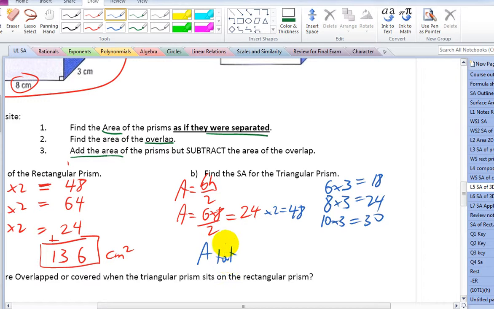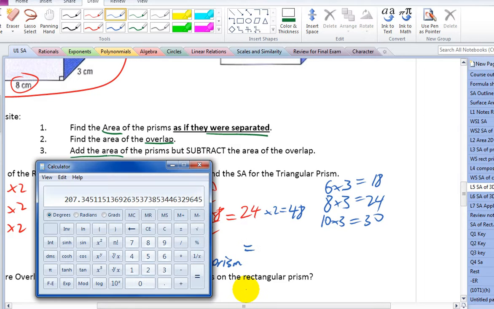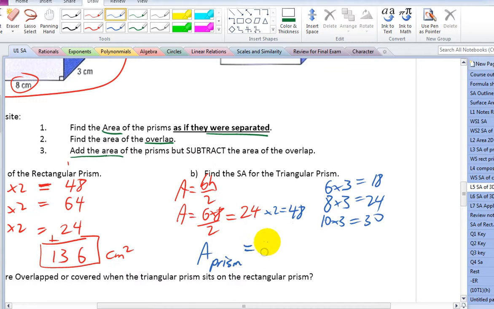Okay, what's your area total for the prism? $120, is that correct? Centimeters squared. All right.